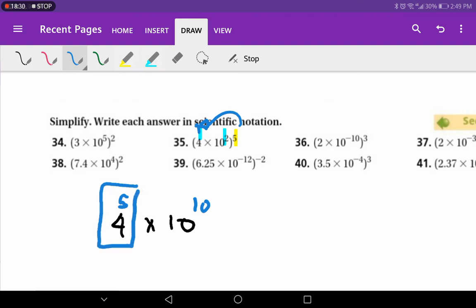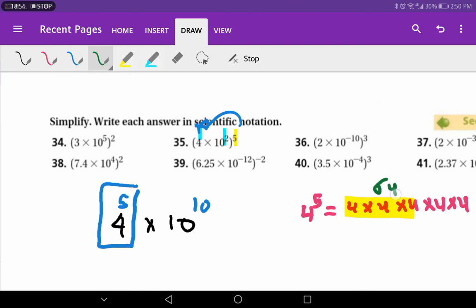Okay, I know 4 with power 5 equals, let me do it. 4 multiply 4 multiply 4 multiply 4 multiply 4. Till here, I know it is 64. And here, it is 16.